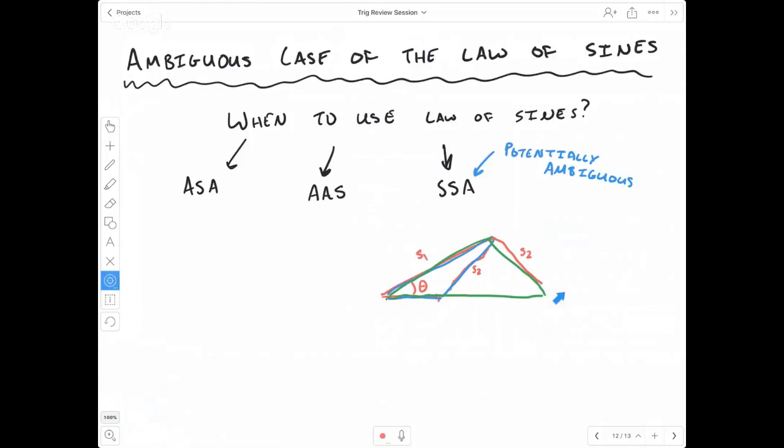Now, this doesn't always happen, but it might happen given side, side, angle and trying to solve using the law of sines, which is why we call it the ambiguous case. There's different things to look out for. I'm going to just go on the internet and look up an ambiguous case of the law of sines problem, just so I know I find one that works.